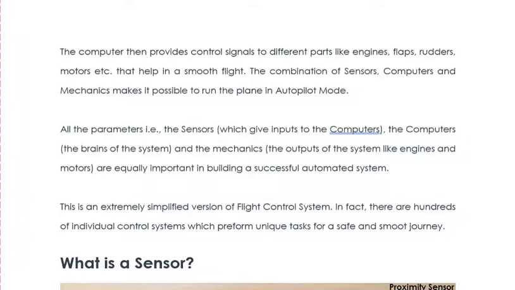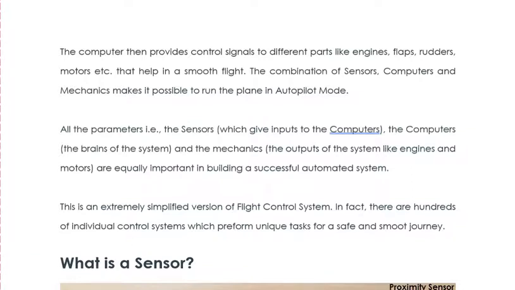All the parameters, that is the sensors, which give inputs to our computers, the computers which are considered to be the brains of the whole system, and the mechanics which are the output of the system like engines and motors, are equally important in building a successful automated system.